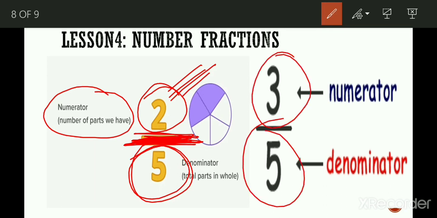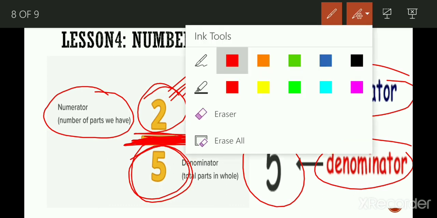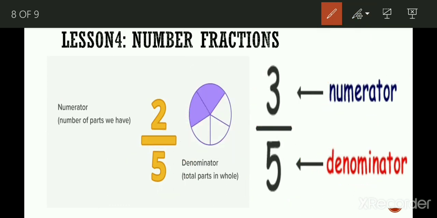Now, 3 upon 5 is again two numbers separated by a horizontal line and it represents 3 parts out of 5, right? So, 3 here is the numerator and 5 is the denominator. I hope this is clear. The upper part is called numerator and the lower part is called denominator.